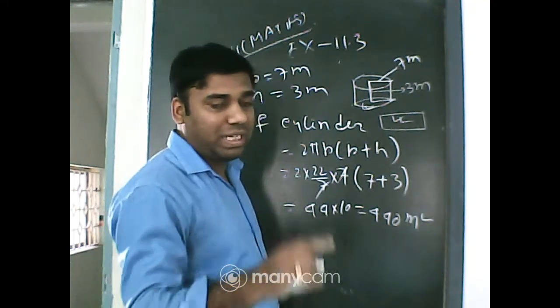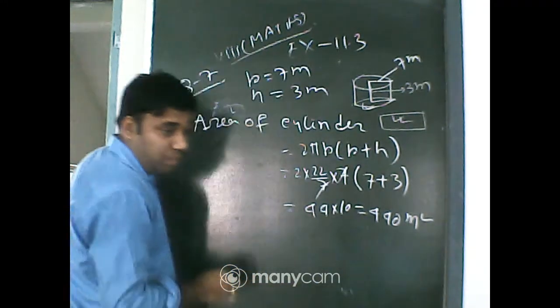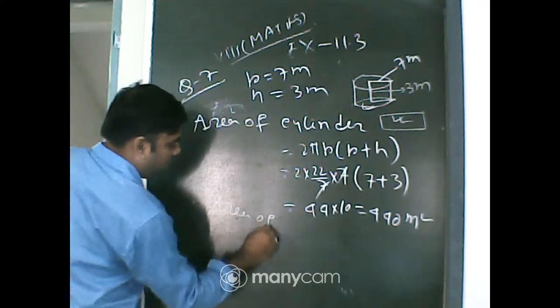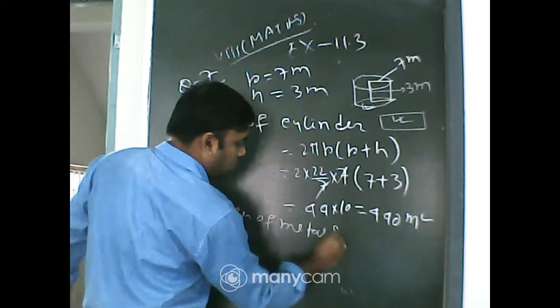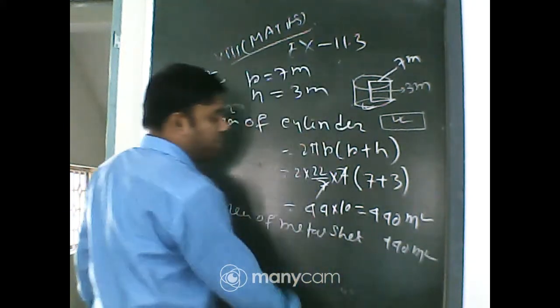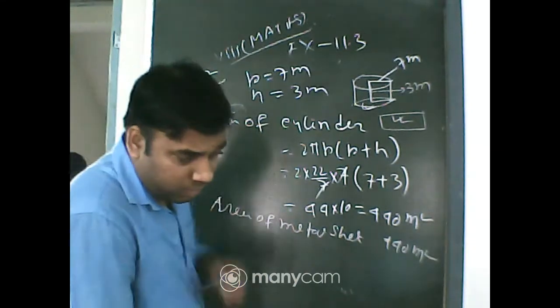Therefore, the area of the metal sheet is 440 meter square. Got it everyone? Yes or no? Or any doubt?